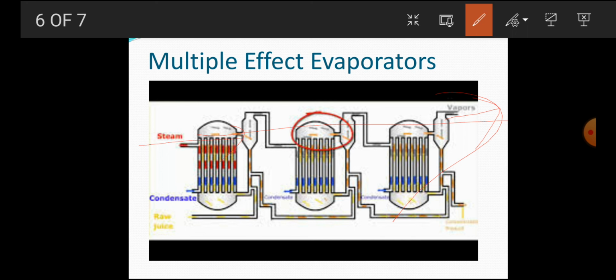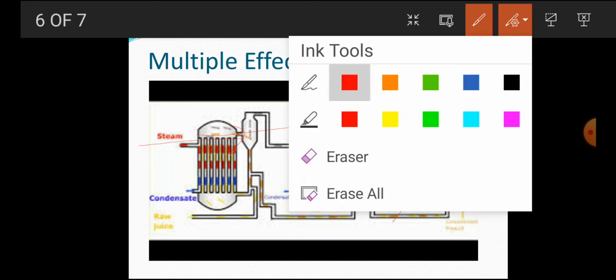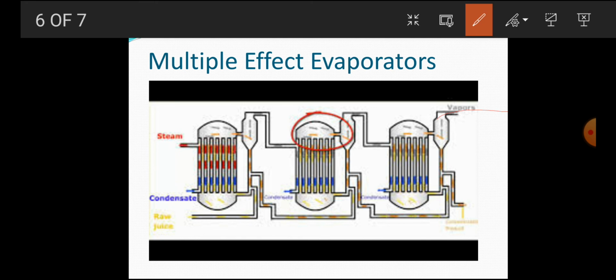Now backward feeding. The feed enters in the last effect and moves towards the first effect, whereas steam is supplied from the first effect to the last effect.